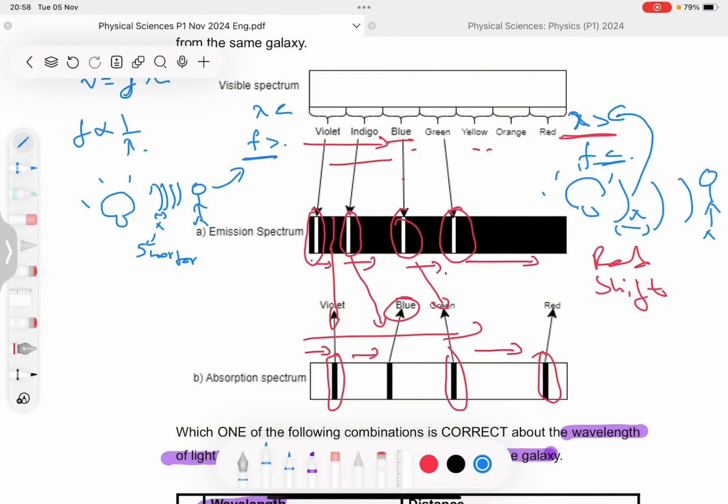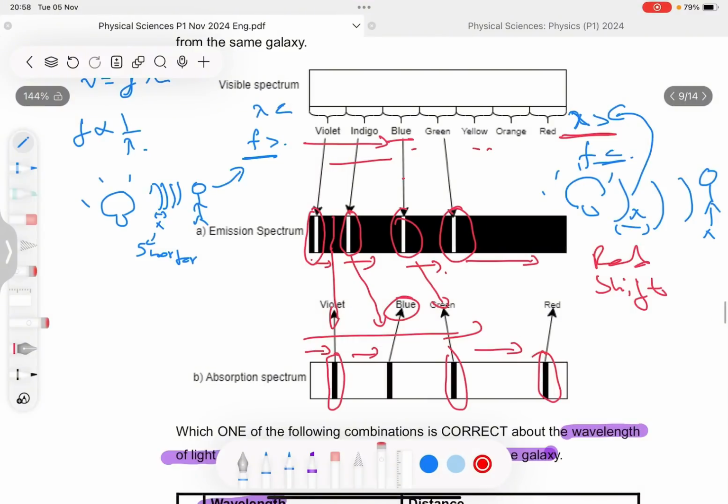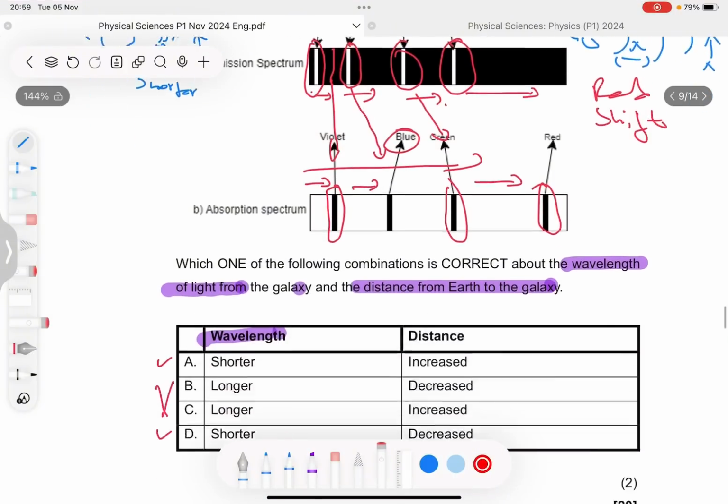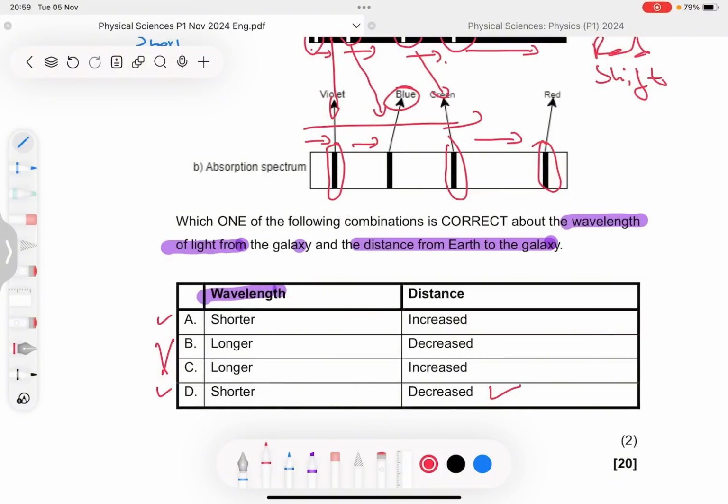But when you are far, it becomes faint. You don't have a lot of luminosity, we call it. So our options between these two, we expect to have a decreased frequency because our wavelength has been increased. Our answer should be D, right?